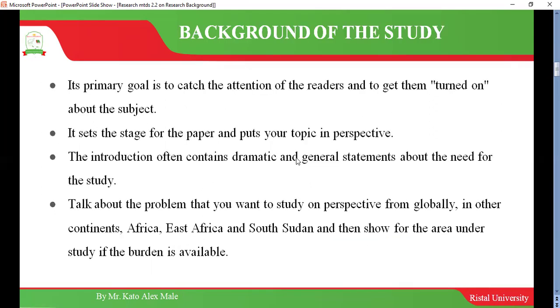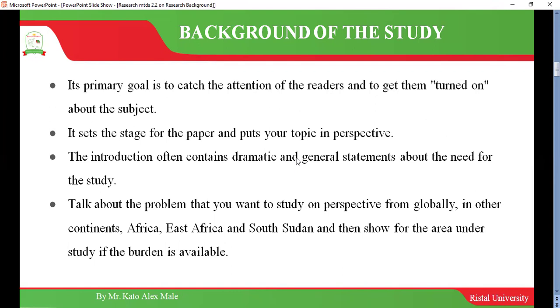So, background of the study. Its primary goal is to catch the attention of the readers and get them turned on about the subject matter. You provide certain information in the background whereby if someone reads it, they can easily be pulled to go on and read the entire document.